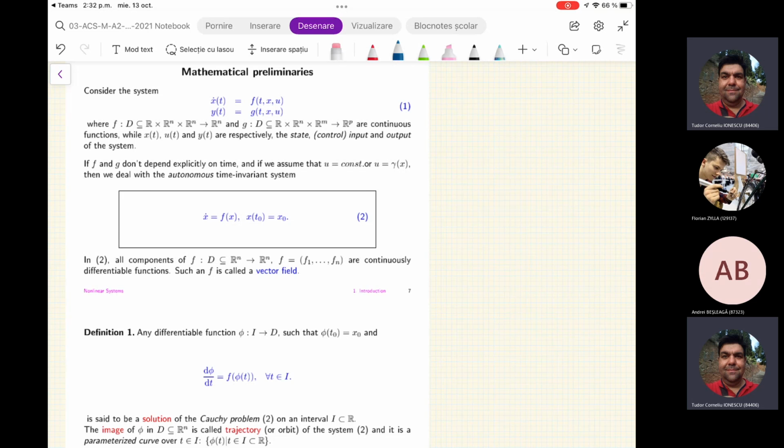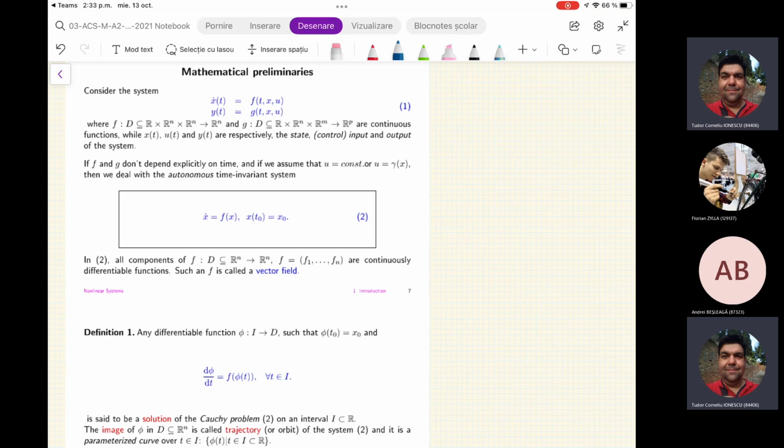So the first equation is a differential equation, an ordinary differential equation. And the second equation is an algebraic equation, okay? y is g(t, x, u), where f is defined on some domain included in R^(n+1), so R times R^n.